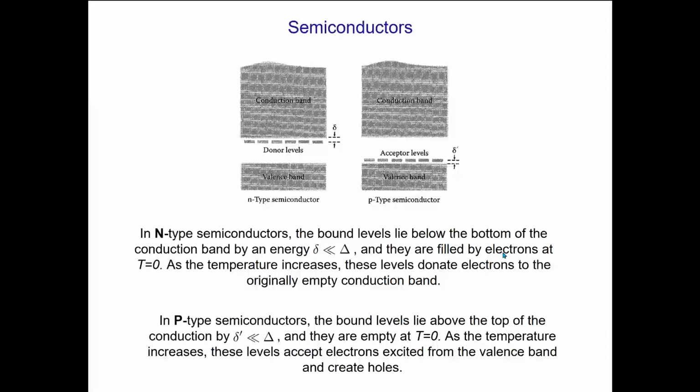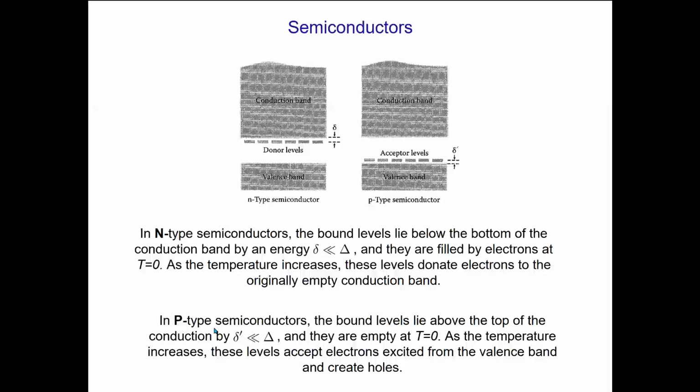And these donor levels are filled with electrons at T equal to 0. Okay? As the temperature increases, these levels donate electrons to the conduction band, which was originally empty and which can now serve as conducting electrons.